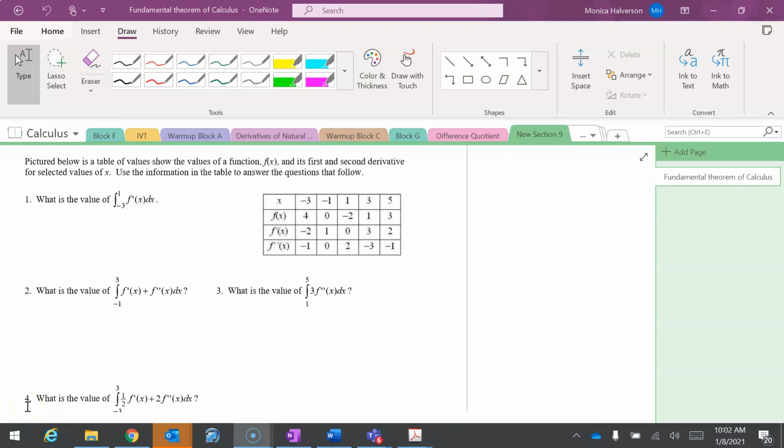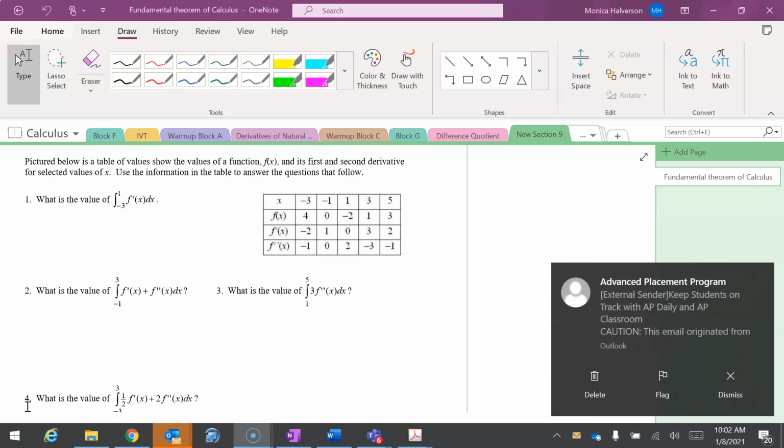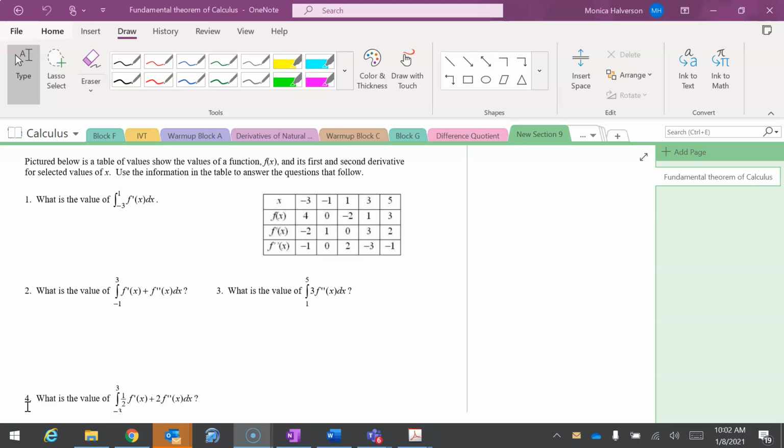So we can use the fundamental theorem of calculus to help us analyze using data tables. So pictured below is a table of values that shows the values of a function f of x and its first and second derivative for selected values of x. Use the information in the table to answer the questions that follow. So what is the value of the definite integral from 1 to negative 3 of the first derivative f prime of x?